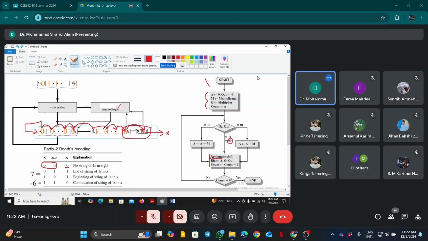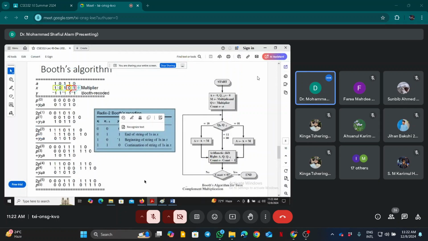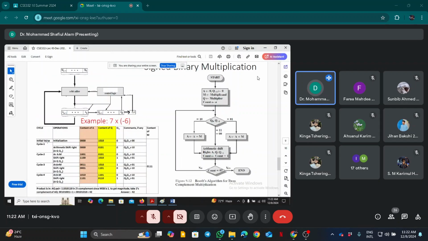Now, the content of this adder would initially be zero, right? Since we don't do any add or subtract, you can see this in the table. We talk about initialization.